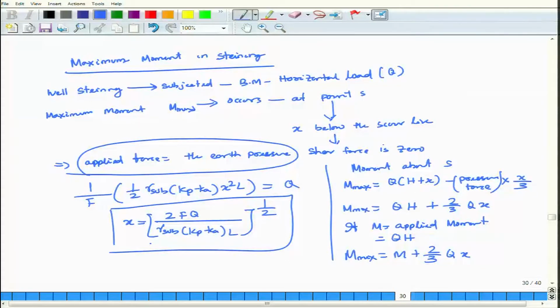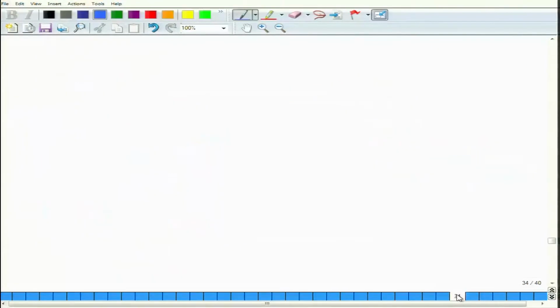At what distance your maximum bending moment will be there, if I write it, x is equal to root over of 2Q by gamma submerged Kp minus Ka into L, which is equal to 4.08 meter.